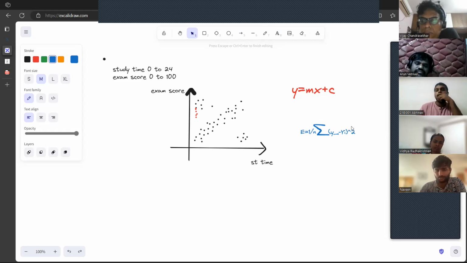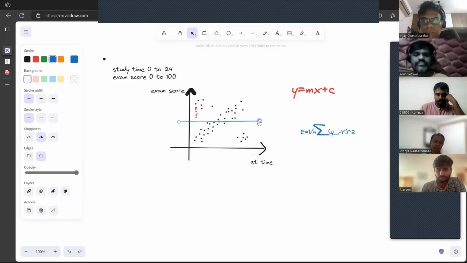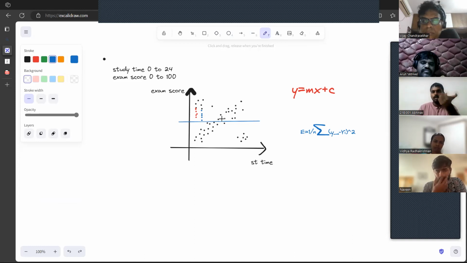So what it actually says is, we are taking the error value for each point, the predicted value minus the actual value of that point, and we are squaring that value. So this is the error value and squaring.